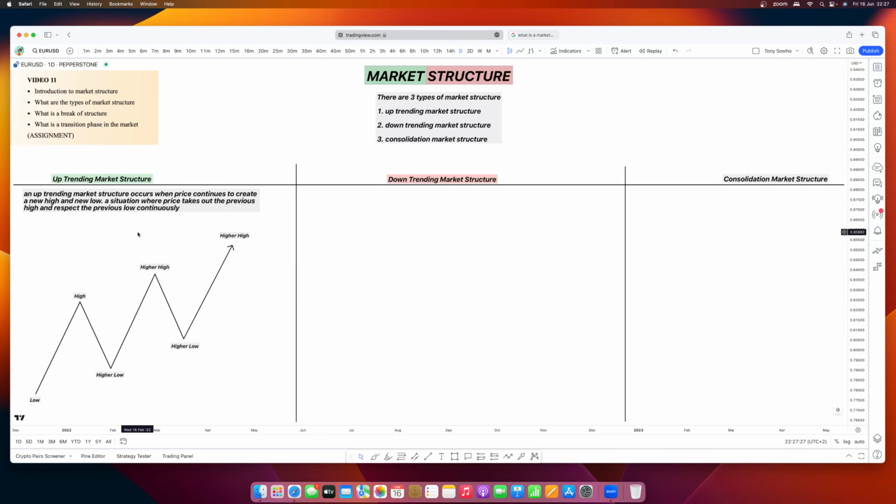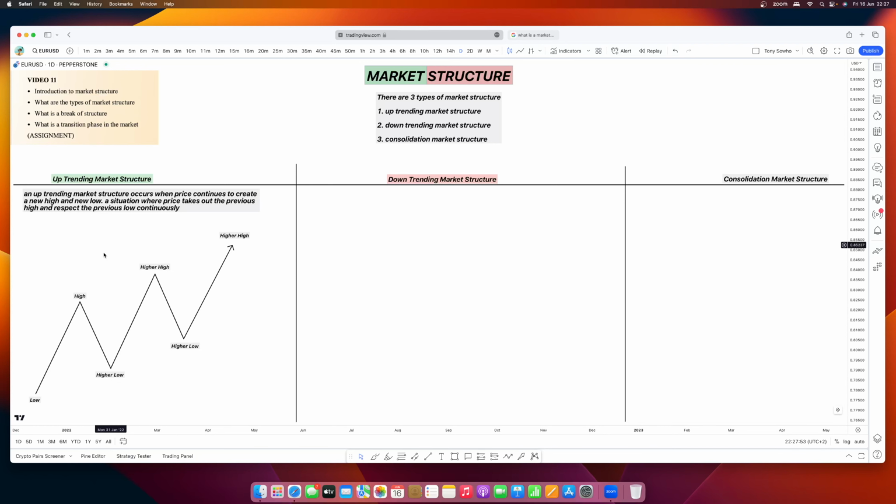The ceiling is serving as my what? Resistance. I cannot go beyond this ceiling except I go out. If I'm throwing something up, the highest place it's going to get to is the ceiling and it's going to bounce back down. As it's coming down, it cannot go below the floor. So the floor is my support, the ceiling is my resistance.